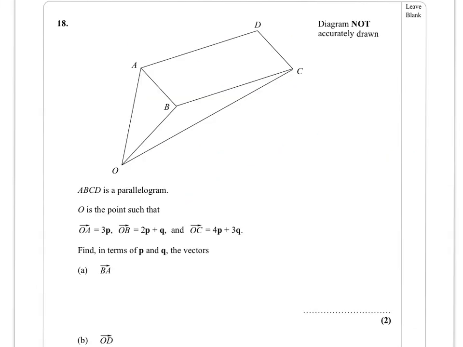Okay, so we've got a vector question here. ABCD is a parallelogram. O is the point such that OA is 3p.